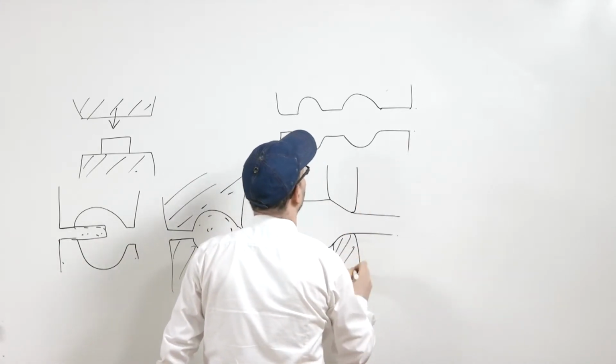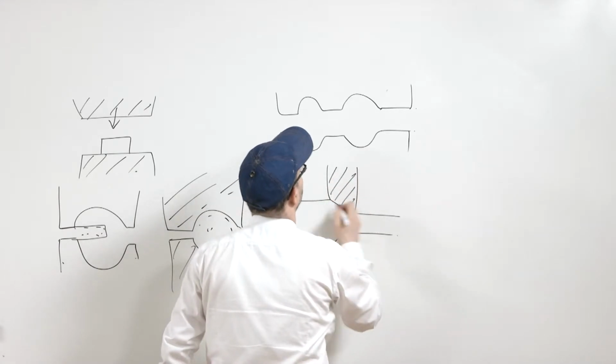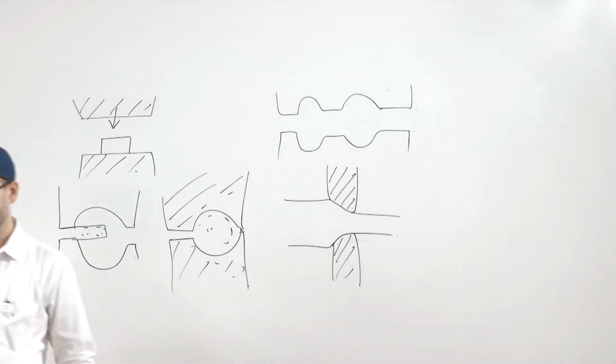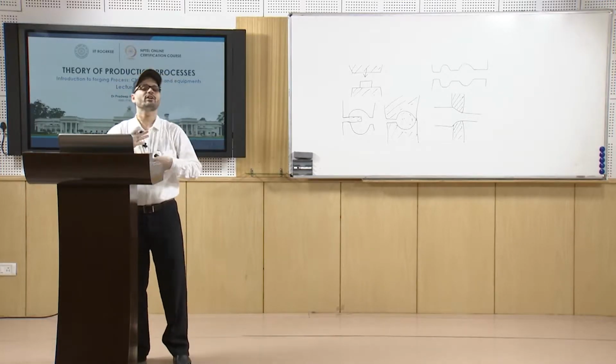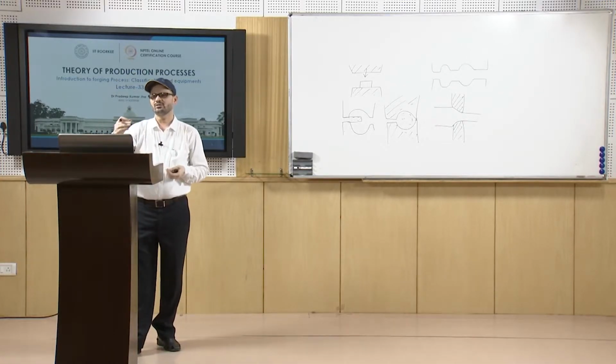Using this die, you can reduce the cross section and increase the length. That is known as the drawing out or drawing down operation.